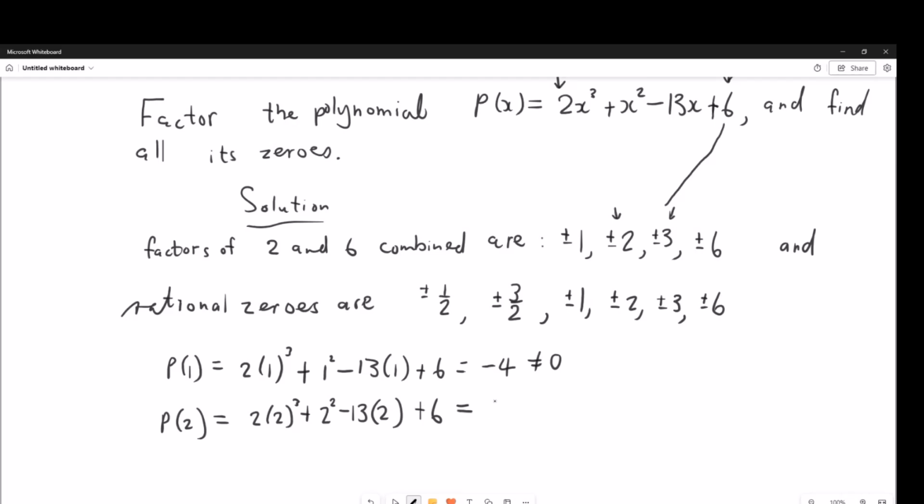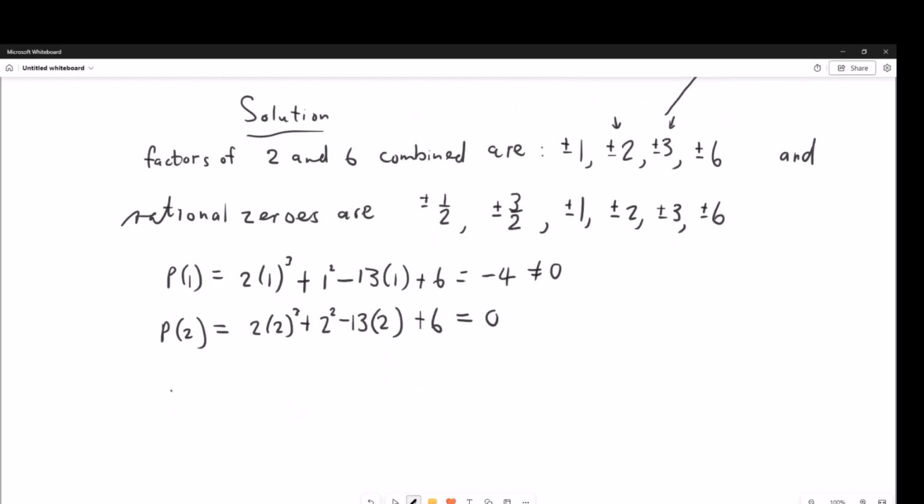And they say this one is 0. Let's check. So it's minus 26 plus 6 gives us minus 20. Plus 4 is minus 16. And 2 to the 4 is 16. So this is 0, right? Therefore, this 2 says to us that x minus 2 is a factor by the factor theorem.